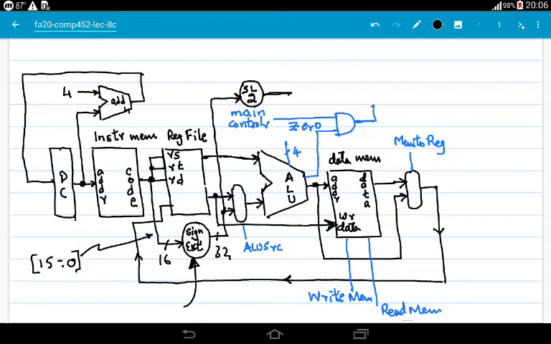So we want to get this value and pass it to an adder.